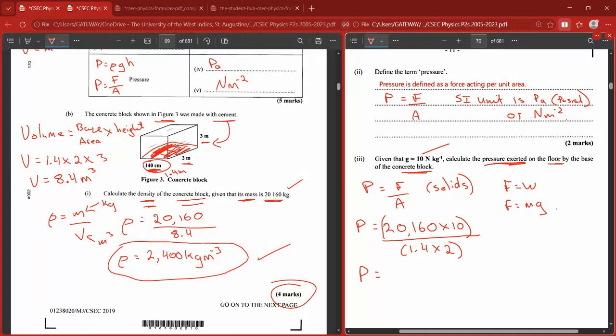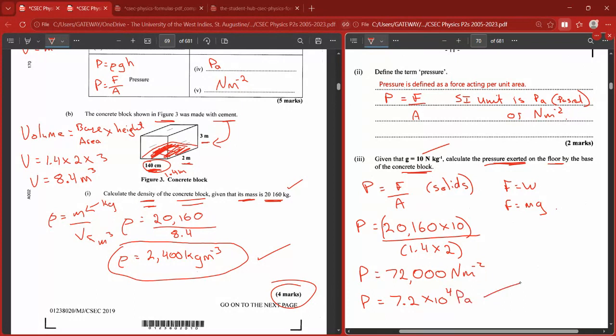So typing it in my calculator now, put in my bracket, so 20,160 times 10 close bracket divided by 1.4 times 2, close, open and close bracket, I'm getting something around 72,000 Newton per meter square, or 7.2 multiplied by 10 to the power of 4 Pascal.